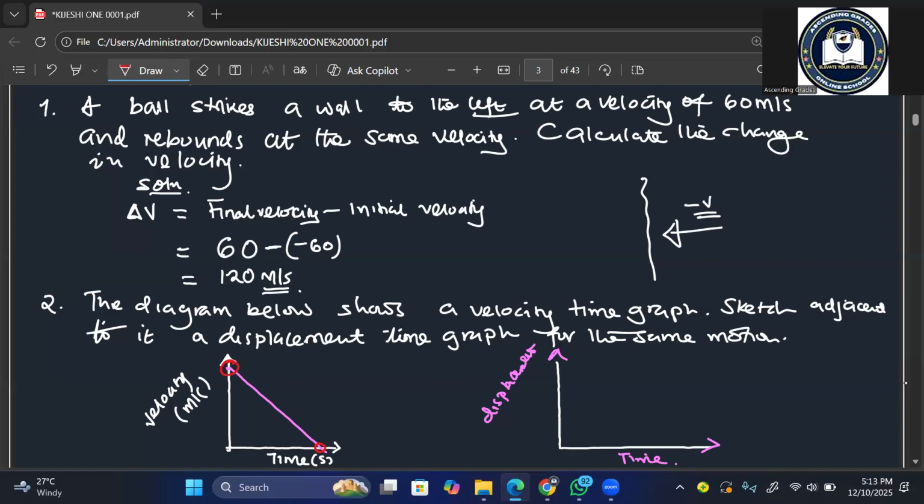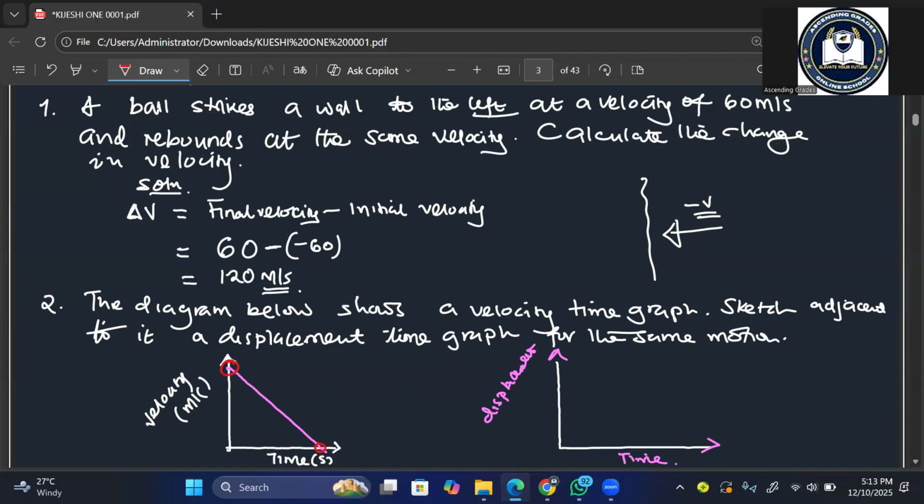So what do we expect when it comes to displacement? The displacement is supposed to increase, and then it appears to be in a manner that there is no more change in displacement because the velocity has come to finally a resting place of 0.